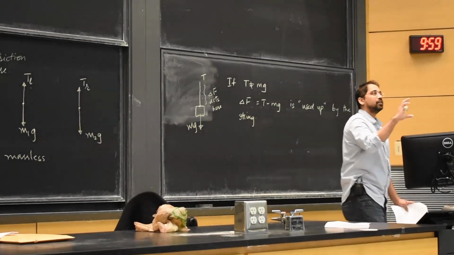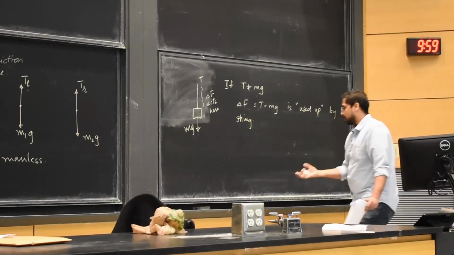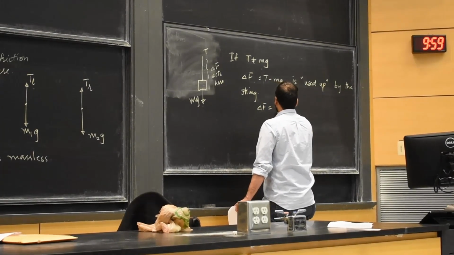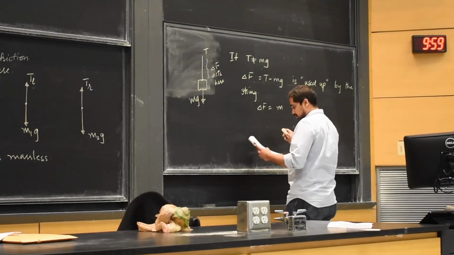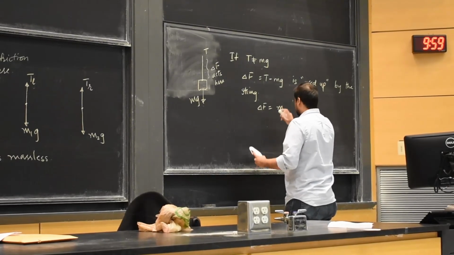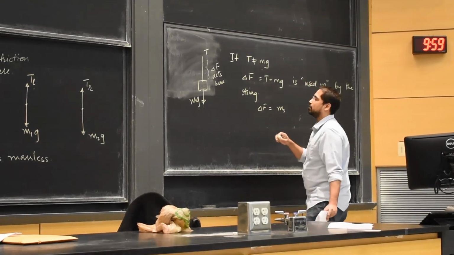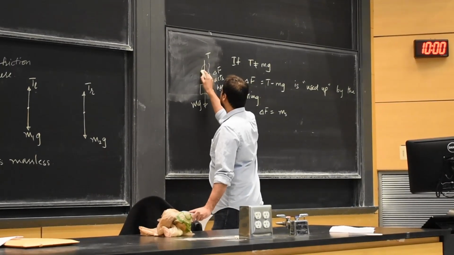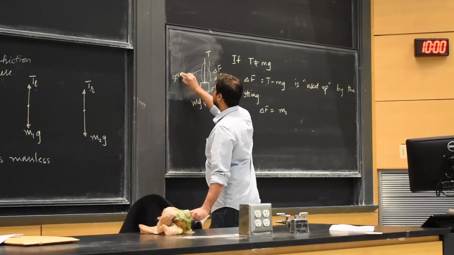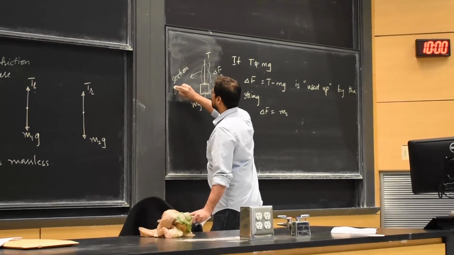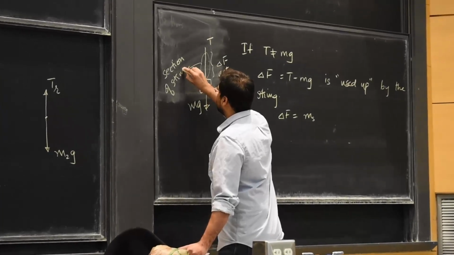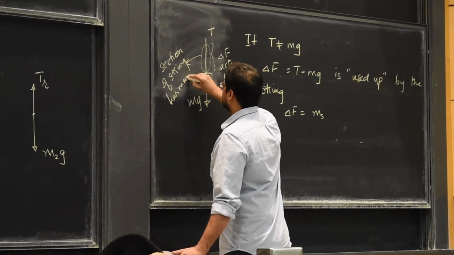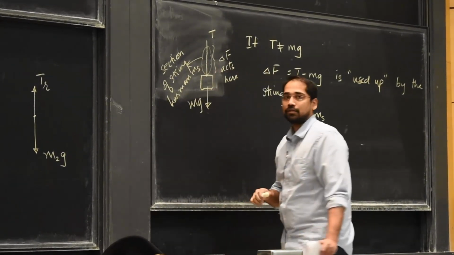And if I consider this section, then I would say delta F must be equal to, let's call this some ms. So this section of string has mass ms. Okay.